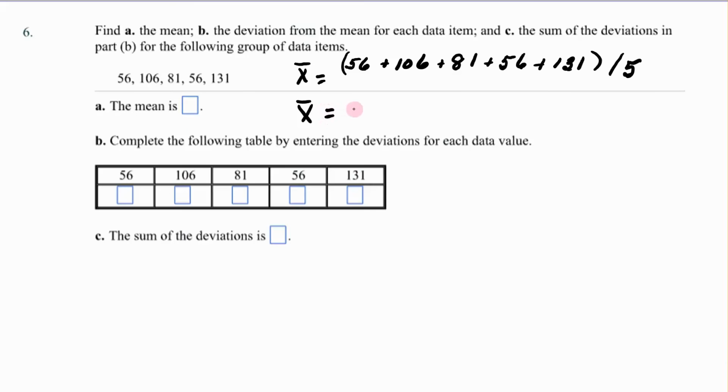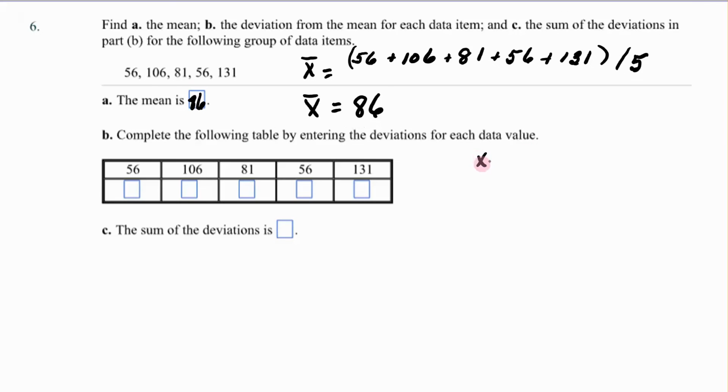X bar is 86. In the previous problems, they gave that to us. Now I need to complete the table by entering the deviations for the data value. So it's going to be x minus x bar.